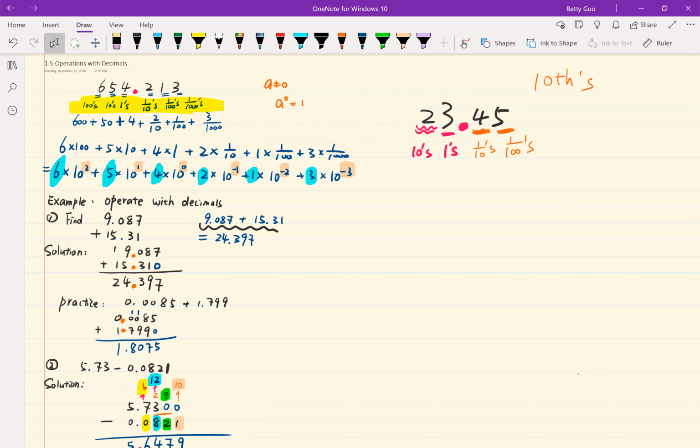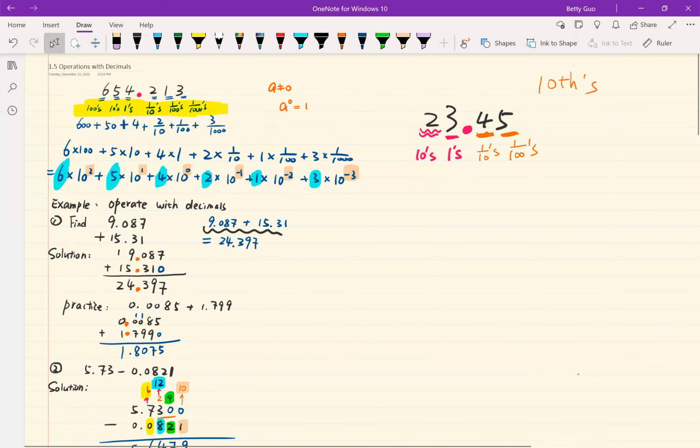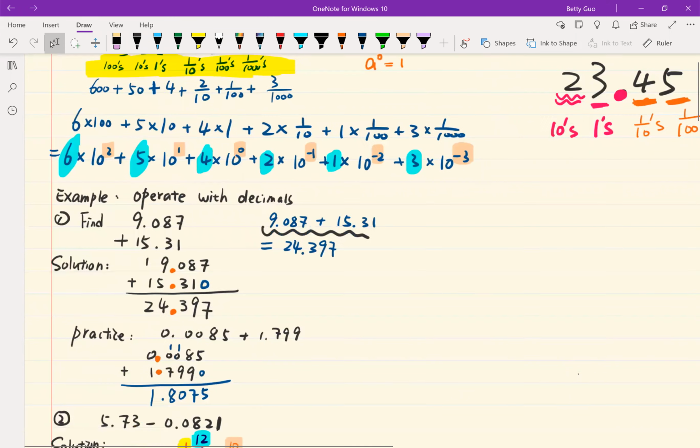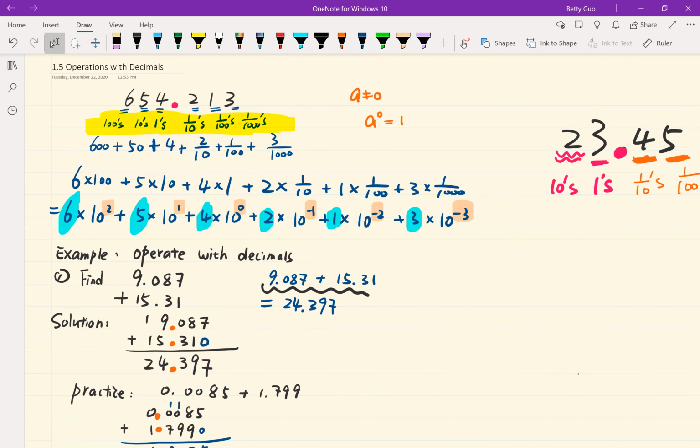Rational numbers are terminating decimals and non-terminating but repeating decimals. Irrational numbers are non-terminating, non-repeating decimals. So basically, real numbers are decimals. We can just see real numbers as all the decimals. So how do we operate with decimals? How do we add, subtract, multiply, divide with decimals?